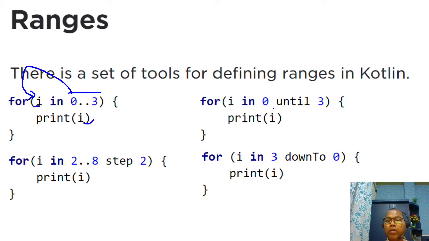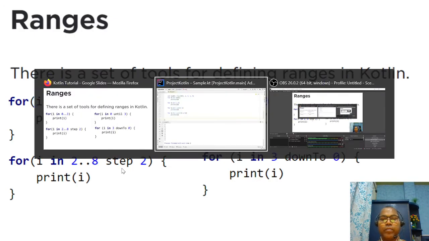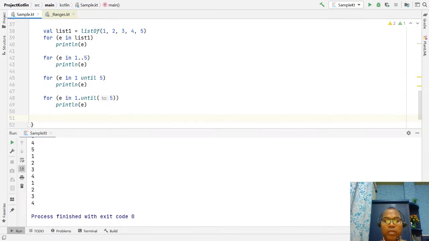Similarly, if you don't want to include 3, use until. Sometimes we don't want values one by one; maybe I want to increment by 2, 3 or 4. So here, let's say for loop, I index in 1 dot dot 10.